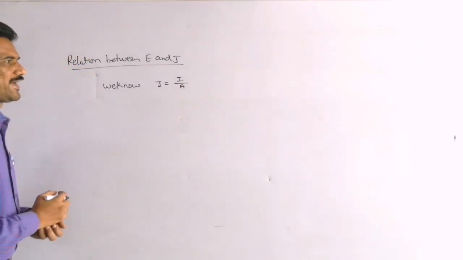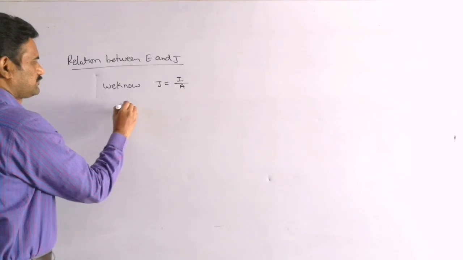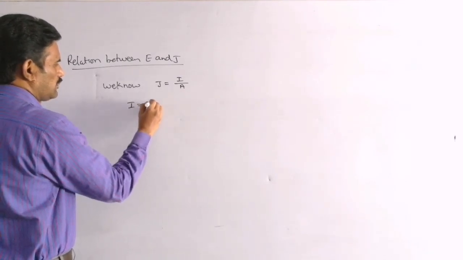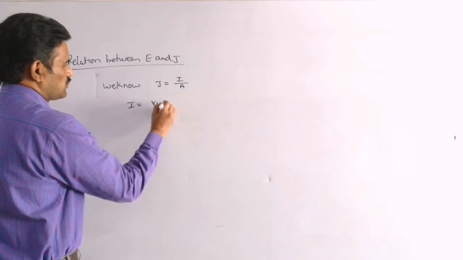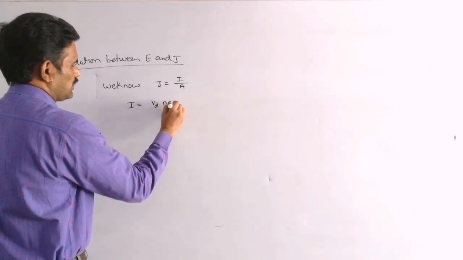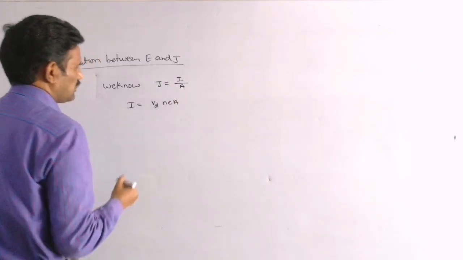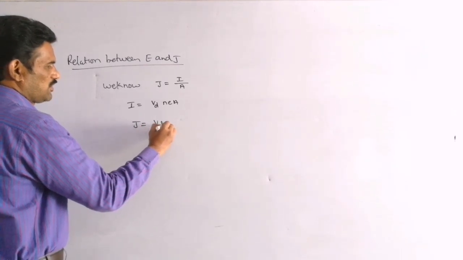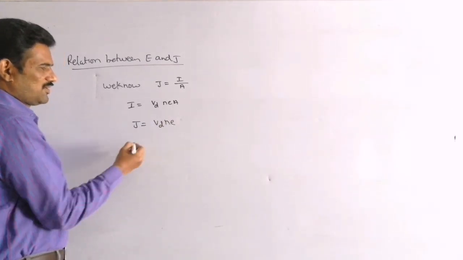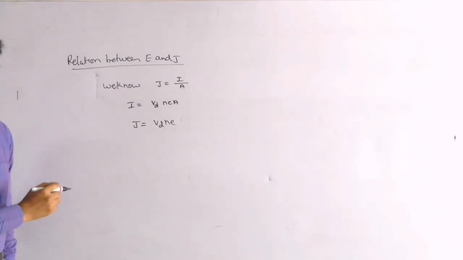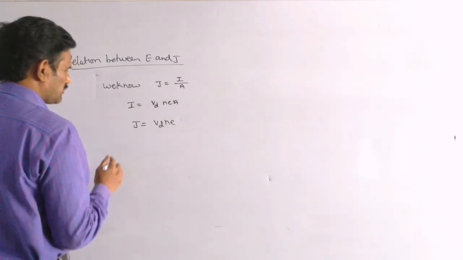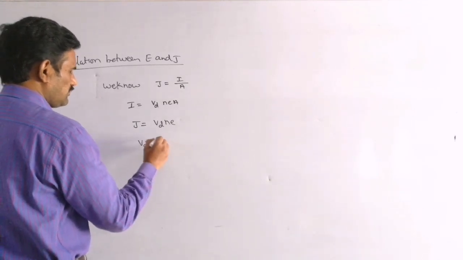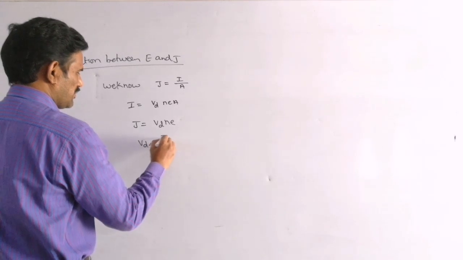And now this I value we can write as Vd into nEA. Therefore you can substitute, and J is equal to Vd into ne. This is one relation here. Or therefore I can write Vd is equal to J by ne.